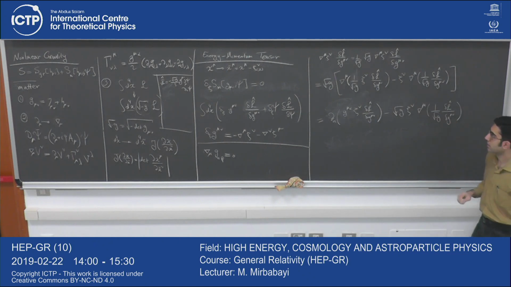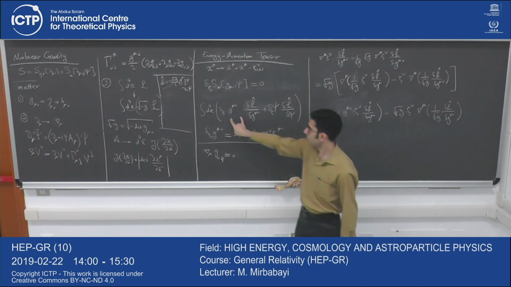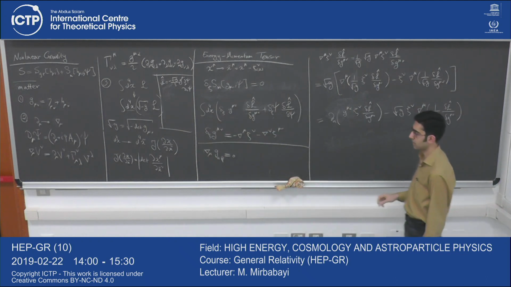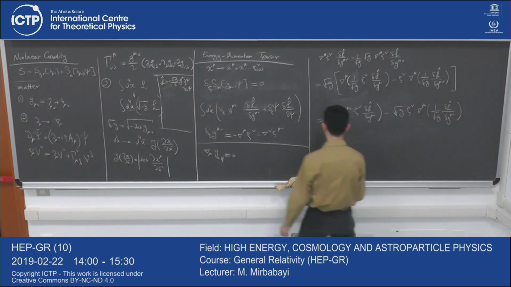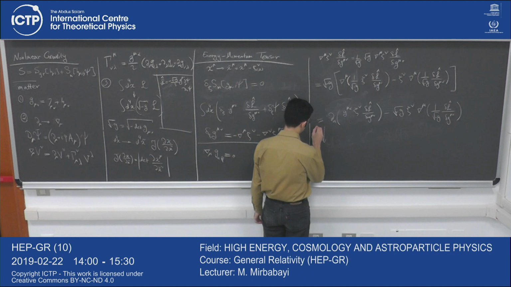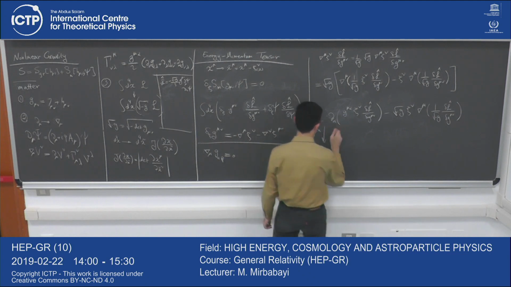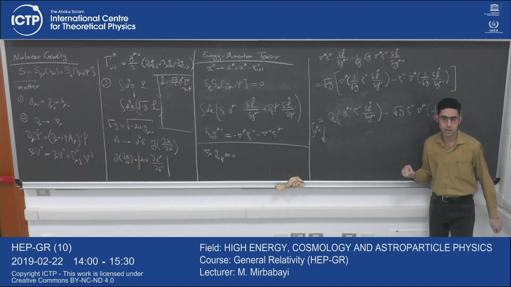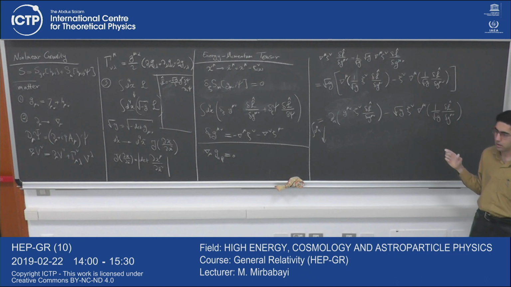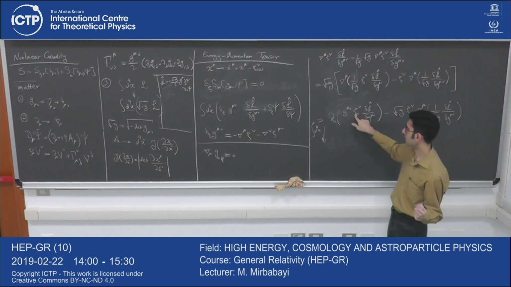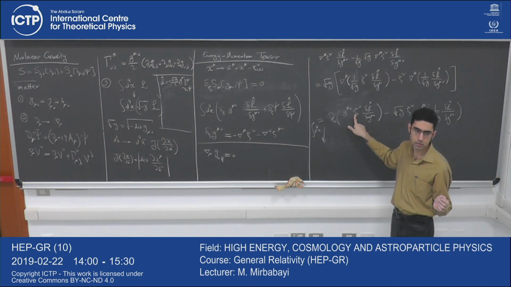Okay, now let us plug this back in here and do the integral over space-time over d4x. When I do that, this term vanishes because it's a total derivative, a divergence that reduces to the boundary term, and this xi is assumed to vanish at the boundaries.